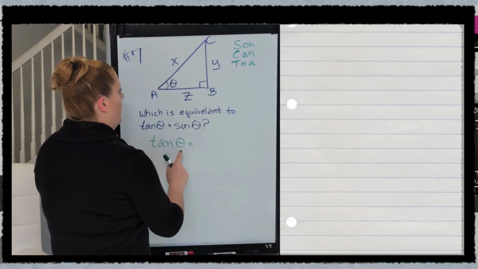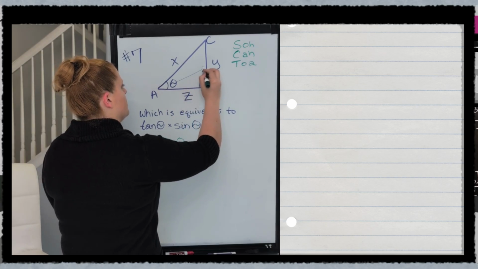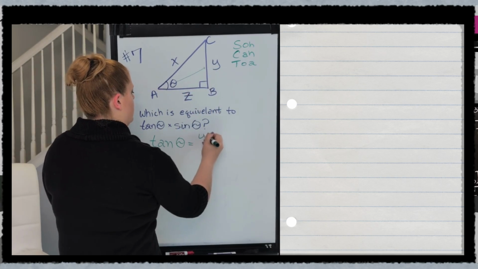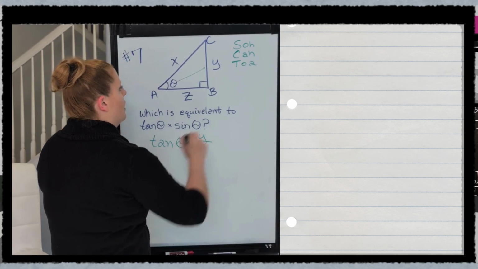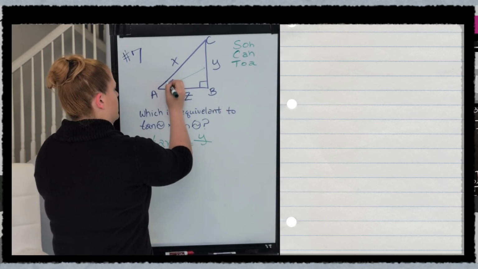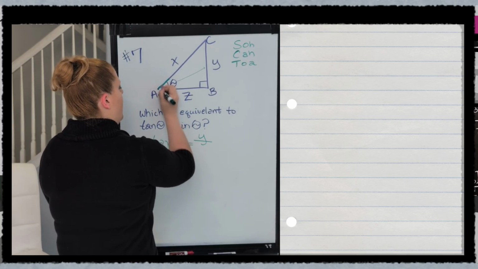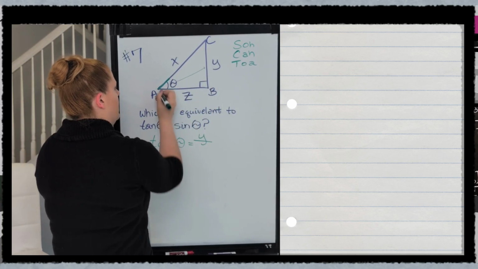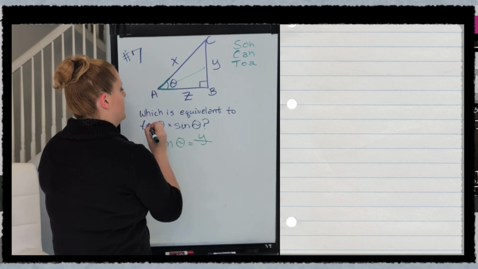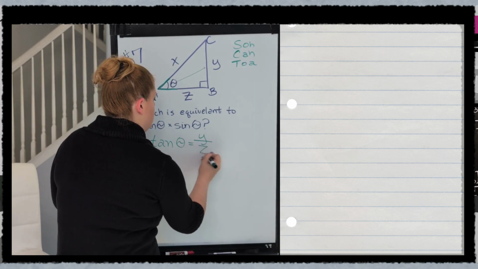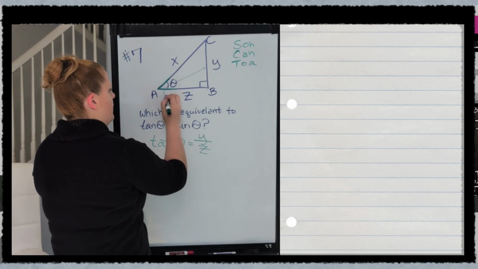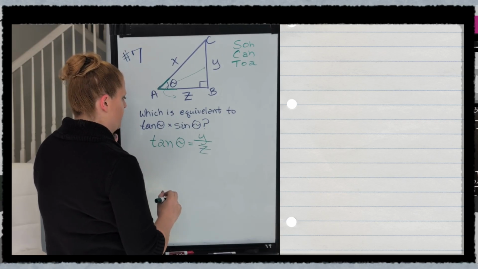So to find our opposite, I'm going to go across the triangle. That gives us a Y. Adjacent, let's look at the two legs that make up the angle. One is always the hypotenuse across from 90, and one is going to be the adjacent, which is Z. That's the one that it's touching.